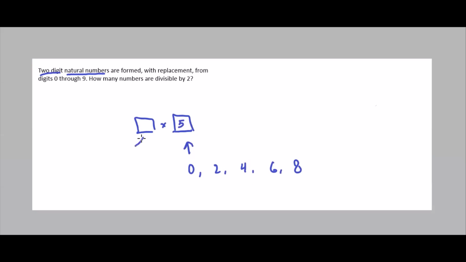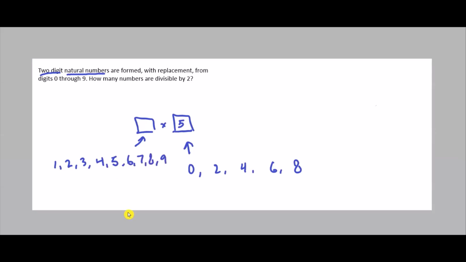So what has to go in the first box? Well, we're given the numbers 0 through 9 to work with, but it wouldn't make sense to have a number starting with 0. We talked about that, right? So we really can't use 0 in this first box. That leaves us the numbers 1, 2, 3, 4, 5, 6, 7, 8, 9.